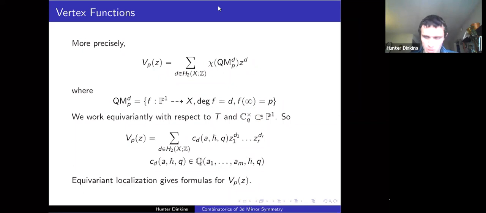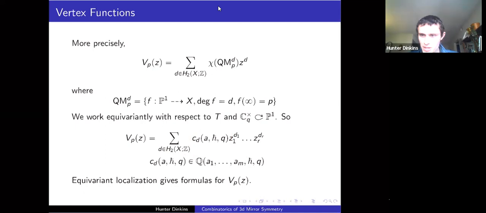I'll denote coordinates on that torus by Q. Very concretely, with the vertex function, if you pick some basis for H2, then you have a generating function with a collection of Z variables, each to some power, and coefficients given by rational functions in terms of the equivariant parameters A and H bar, and also Q.